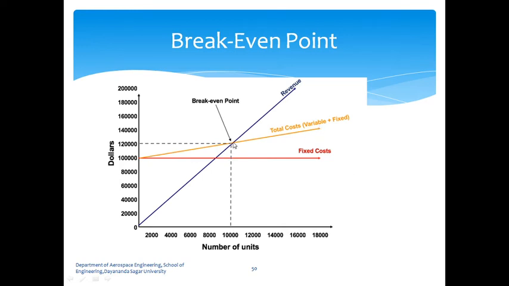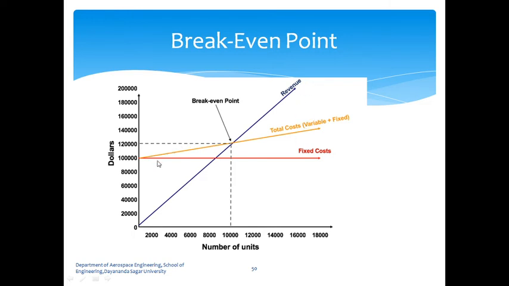The intersecting point, where the total cost and the revenue are the same, is called the break-even point. Till that time, you are in losses. Beyond that, the difference between your revenue and your cost is your profit.